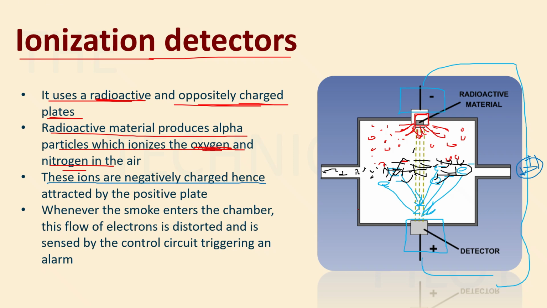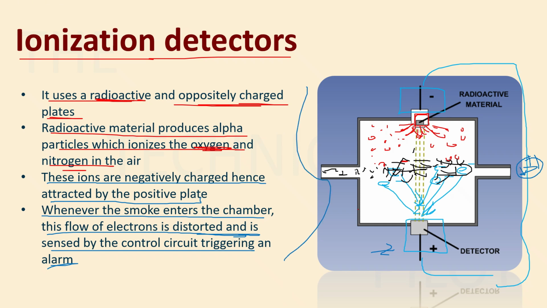So these ions are negatively charged, hence attracted by the positive plate. As we have seen, the positive plate was attracting these ions. Whenever the smoke enters the chamber, the flow of the electrons is distorted and it is sensed by the control circuit, triggering an alarm, right? So no need to go into the details, just an overview about these kinds of detectors.